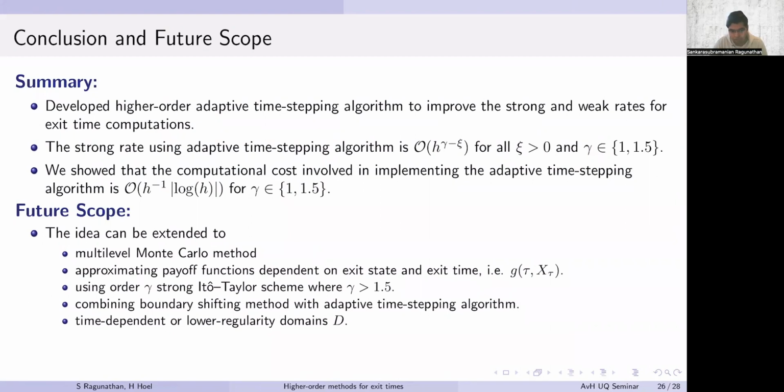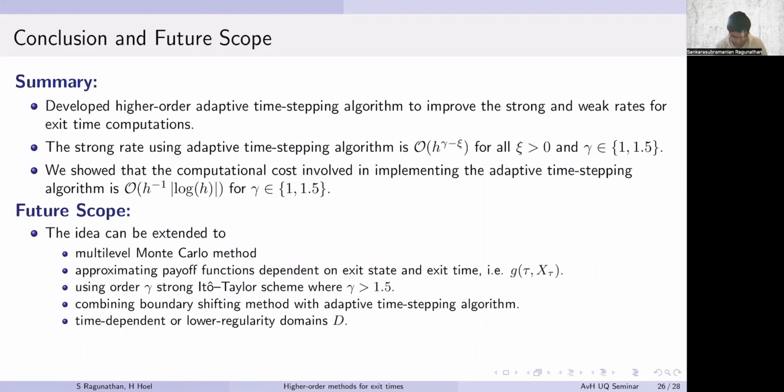We were able to show that the strong rate was of order h to the power gamma minus some epsilon, where epsilon is greater than 0, corresponding to what order scheme you use. In our case, we showed it for both the Milstein scheme and the order 1.5 scheme. And for both numerical schemes, the computational cost involved was of order h inverse times log h.